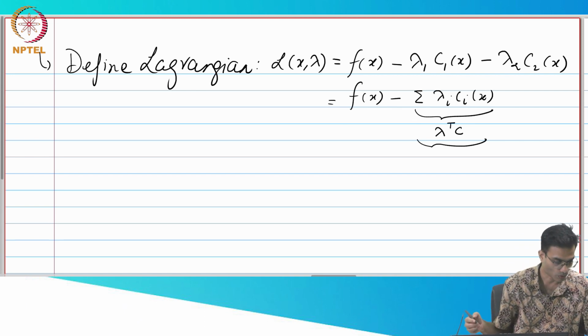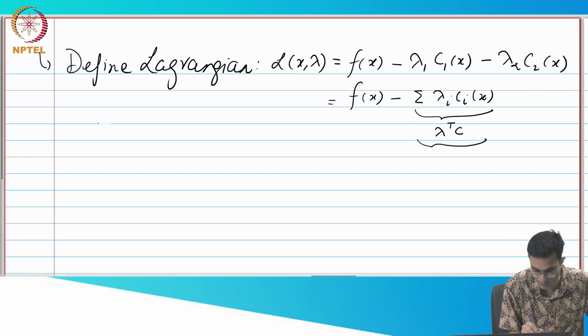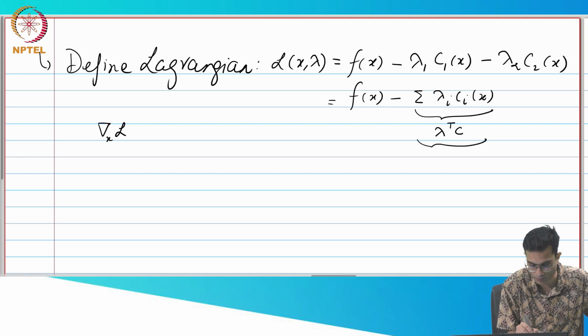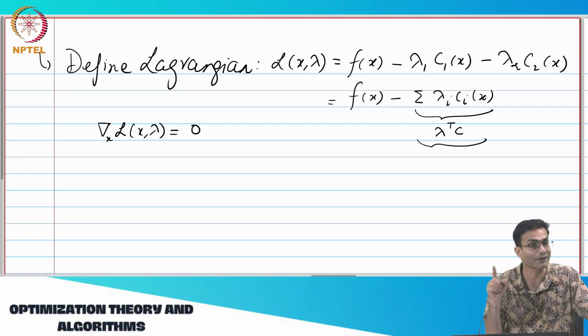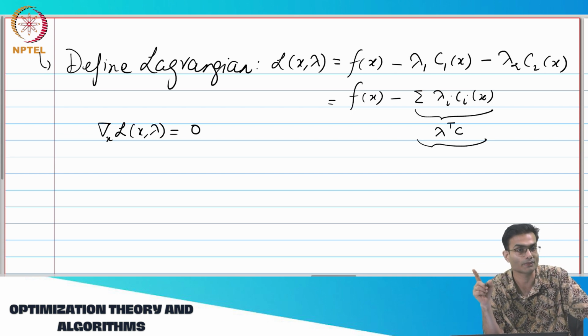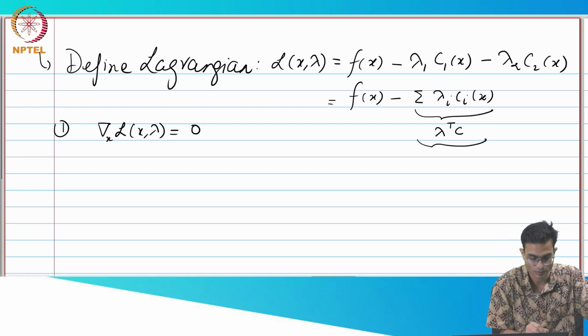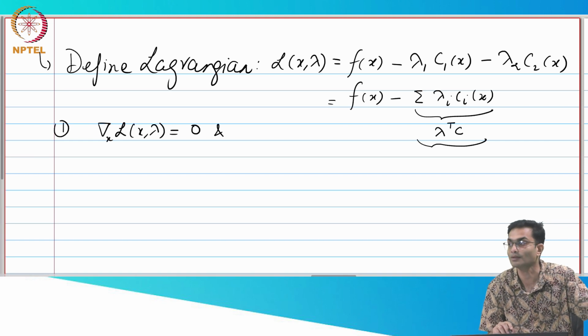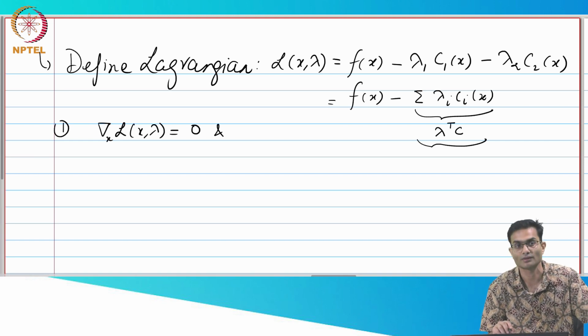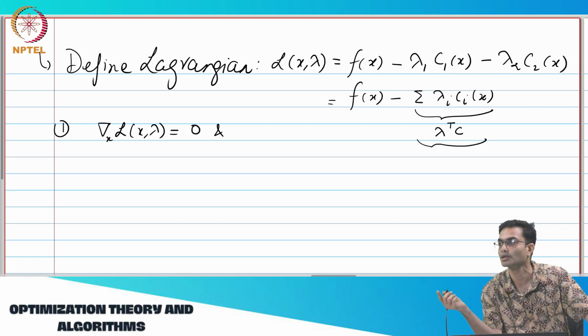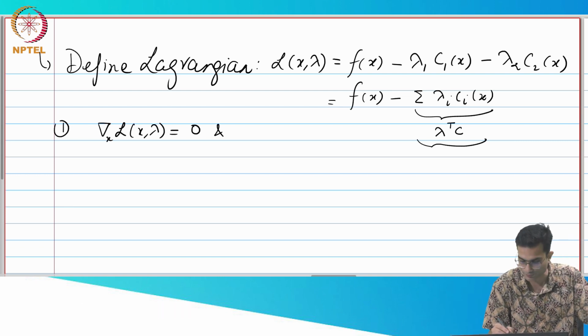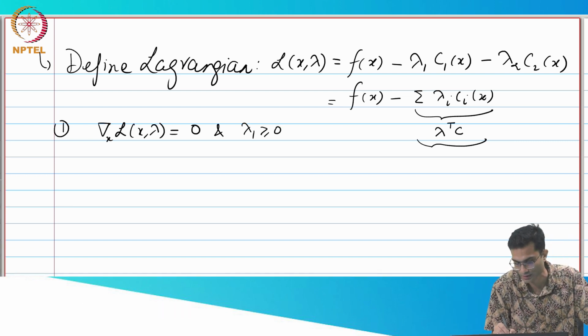Okay. So what is our condition once again? Grad with respect to x of L, x and lambda, should be 0. And statement 1: lambda 1 and lambda 2 both should be greater than or equal to 0, because both are inequality constraints, right? So I have lambda 1 greater than or equal to 0, lambda 2 greater than or equal to 0.